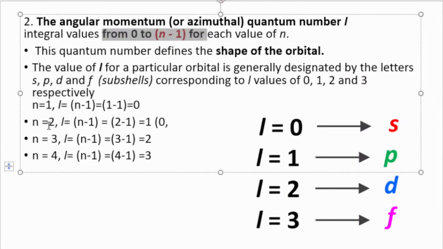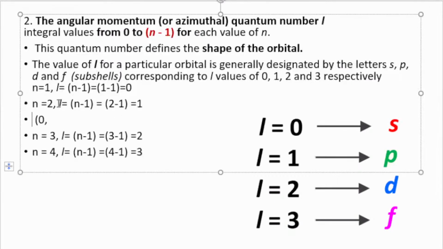So here n minus 1 is 1, so 0 and 1. That means there must be 2. Did you get the point? 0 to n minus 1.